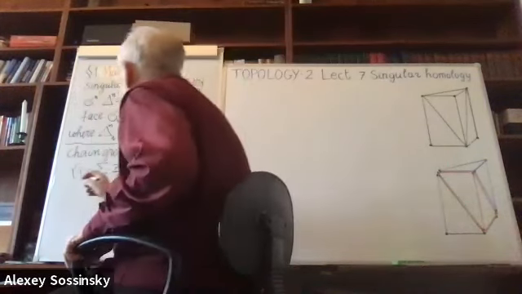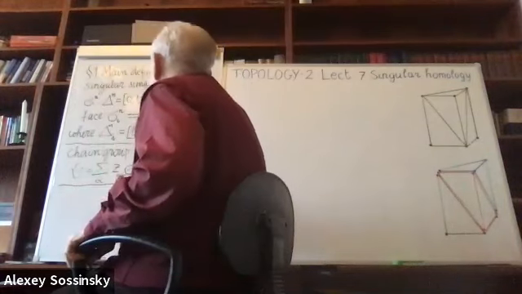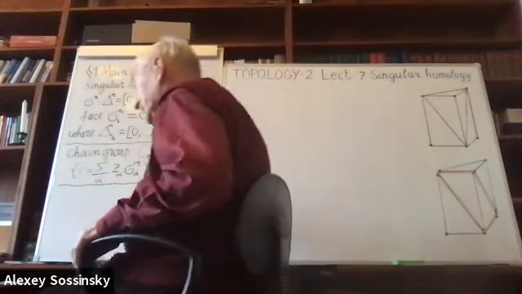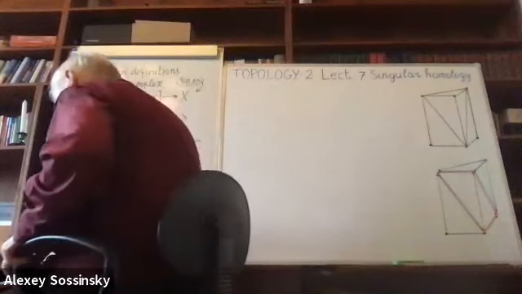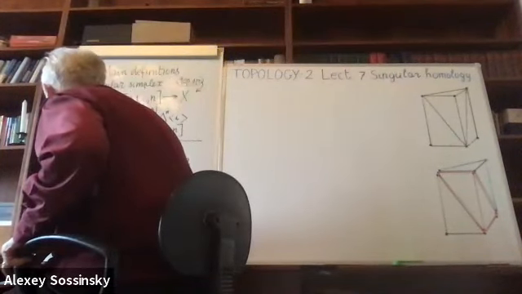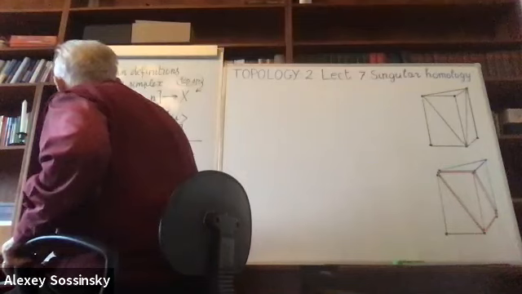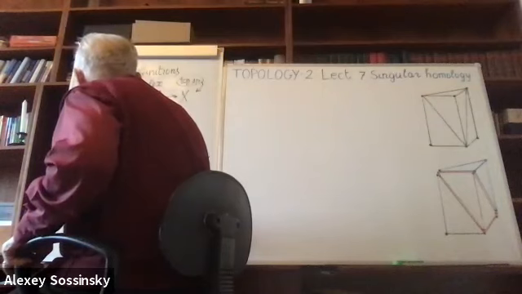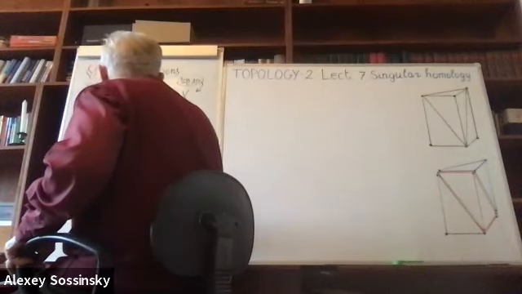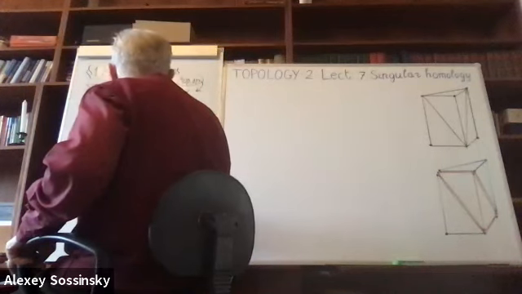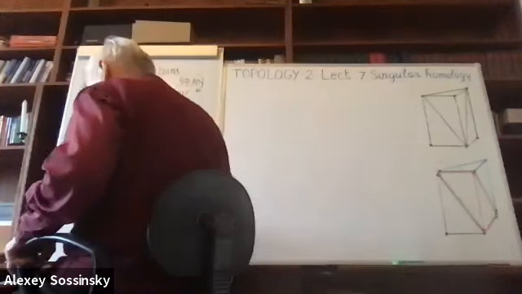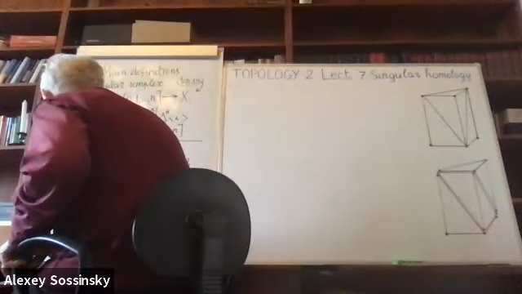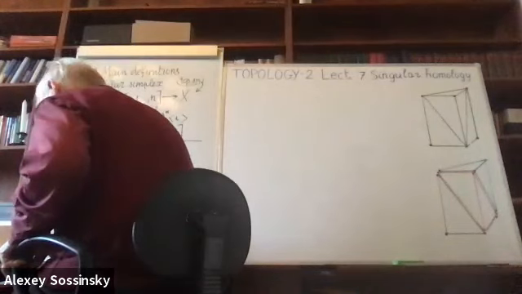And the next definition, of course, will be that of a boundary operator. The boundary operator, Dn, is a homomorphism from the chain group Cn to the chain group Cn minus 1 of X. And it is given by the following formula, which incidentally should look quite familiar.